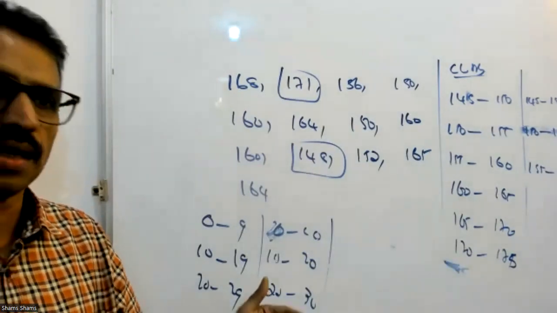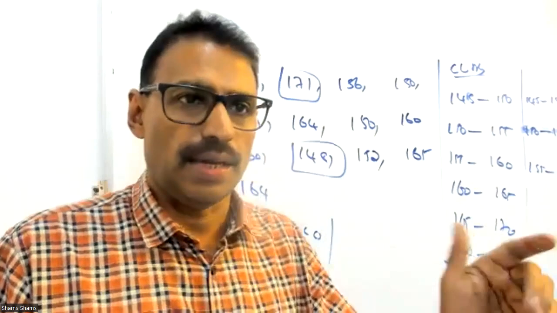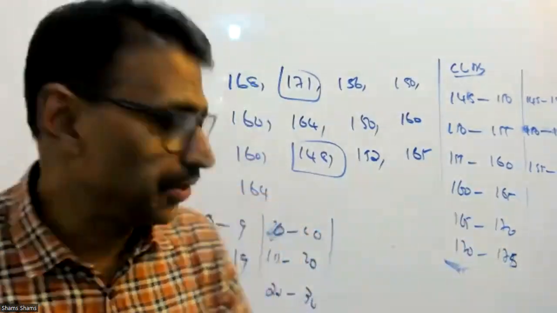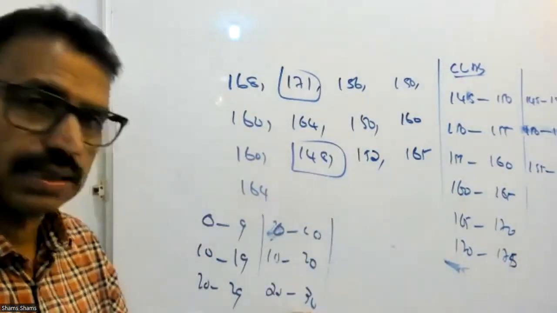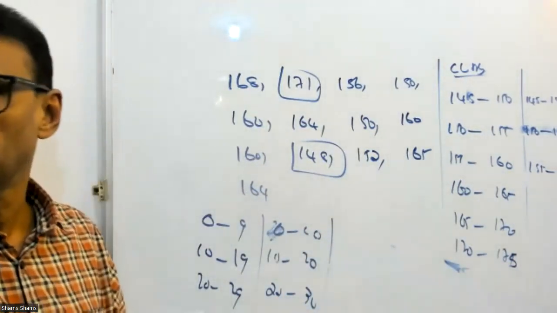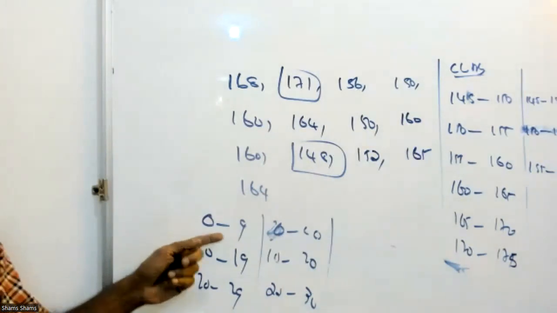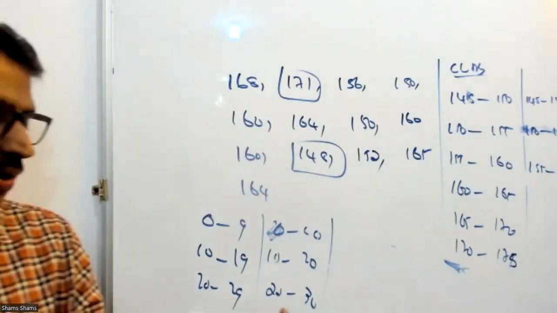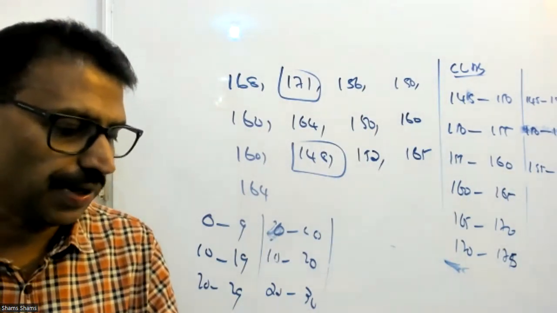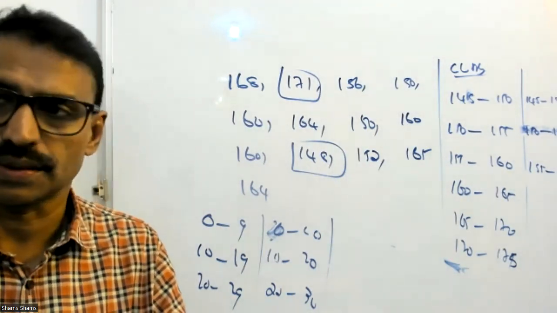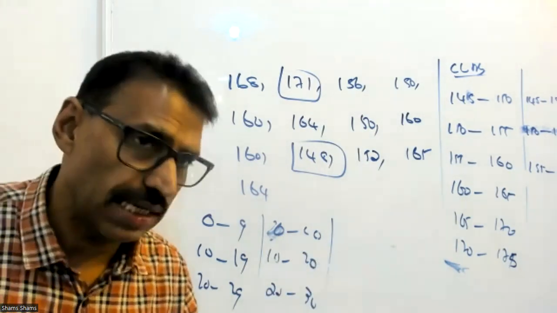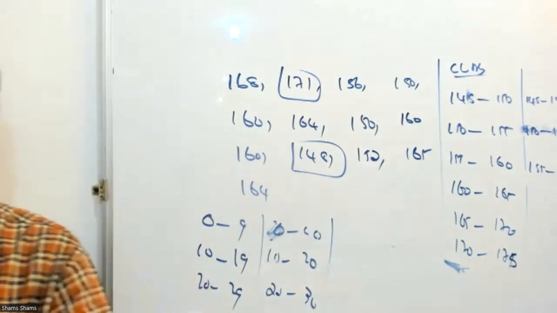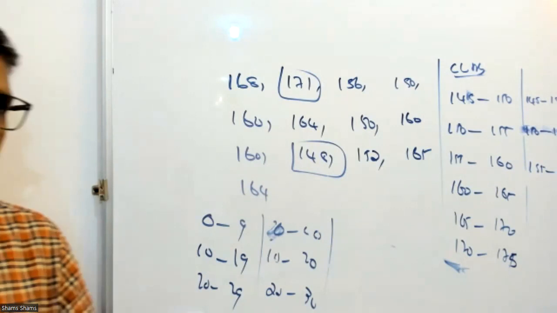That's why it is called exclusive or continuous classes. And this other one is called inclusive classes. Here 0 and 9 are included: 0, 1, 2, 3, 4, 5, 6, 7, 8, 9.